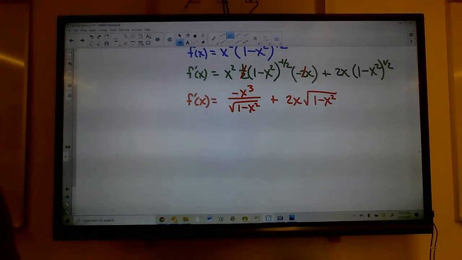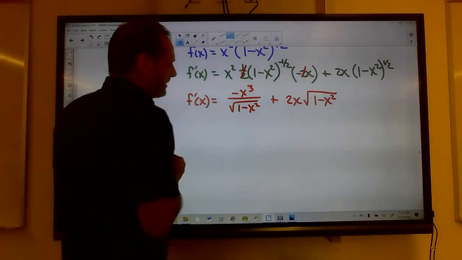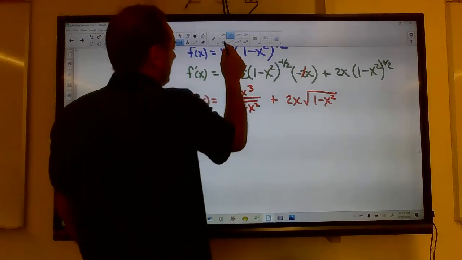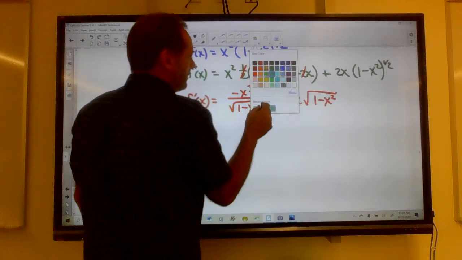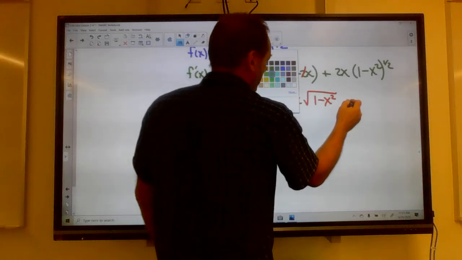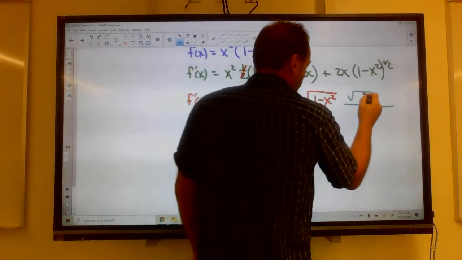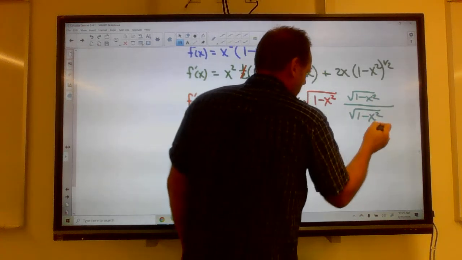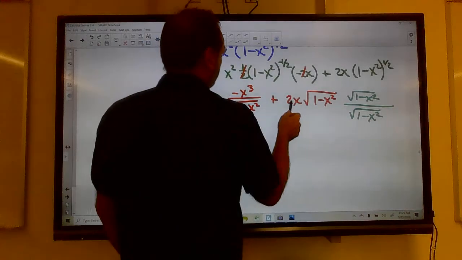Okay, now I would like to get a common denominator and combine this to clean it up a little bit. So I could take this right here and multiply this by the square root of 1 minus x squared over the square root of 1 minus x squared. Now that has a value of 1, so it does not change the value of this.